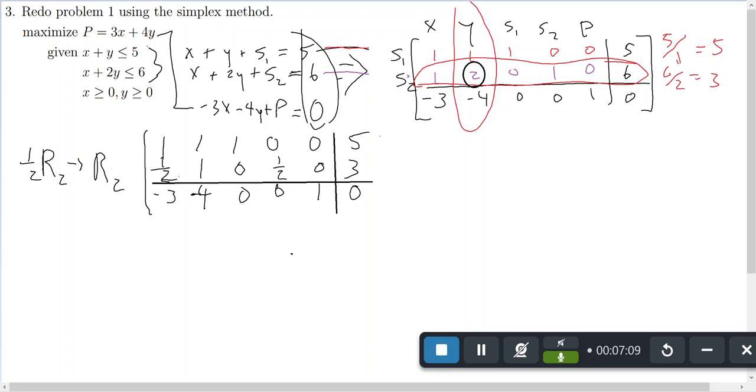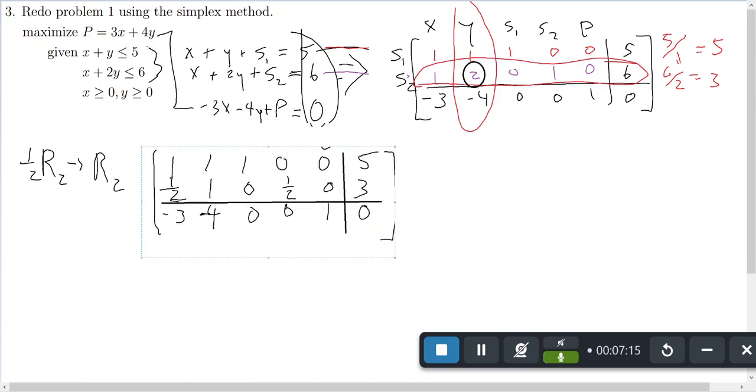Okay. I'm going to scoot it down a little bit, and I'm going to copy my labels again. So S1 and S2. At this point, what you can do instead of writing S1, S2 is switch out the label.